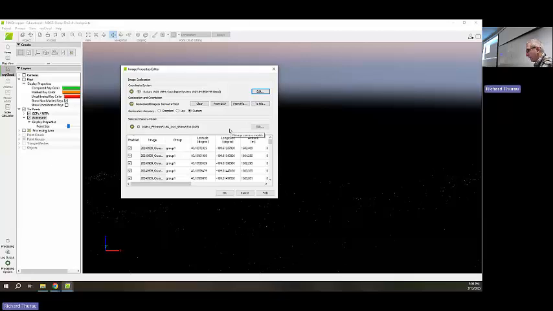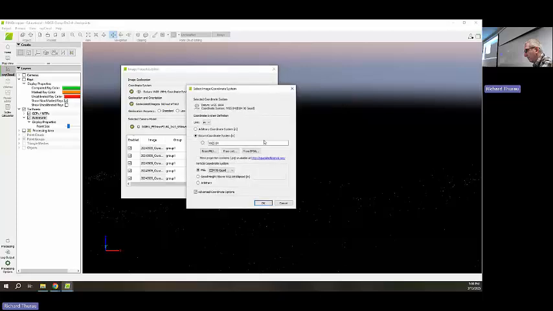The geotags are in a different datum, but I really don't want to change it, because when I go in here to edit the coordinate system, it doesn't really give me an option to change the datum.